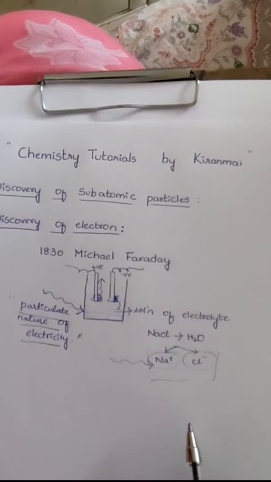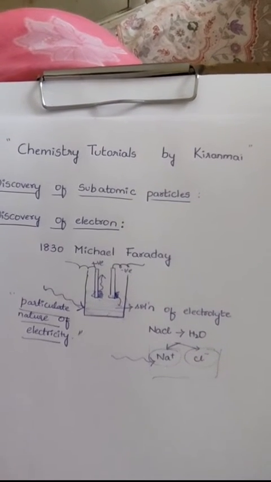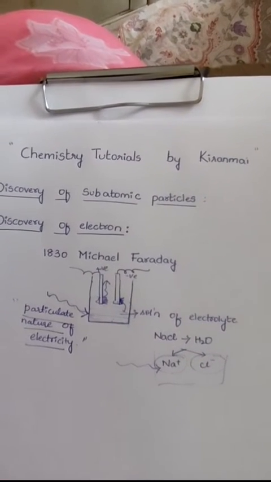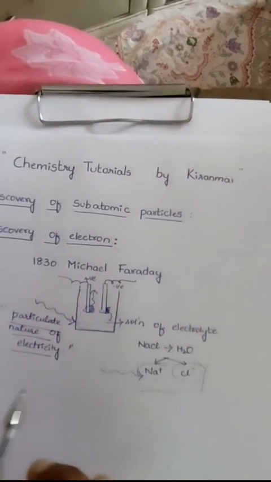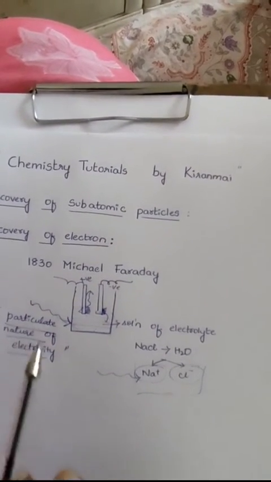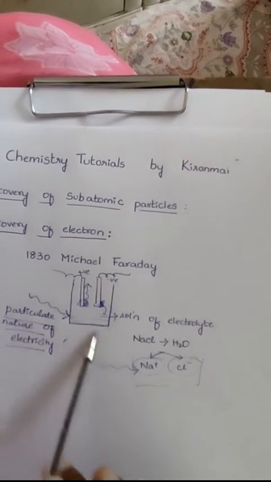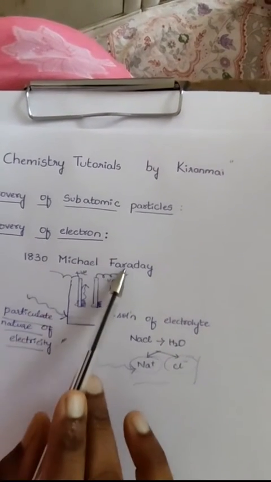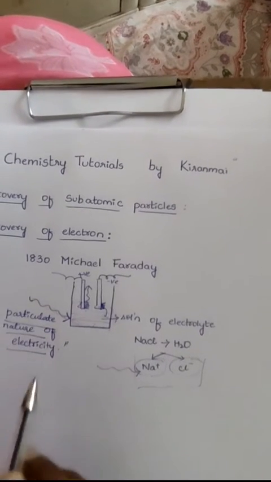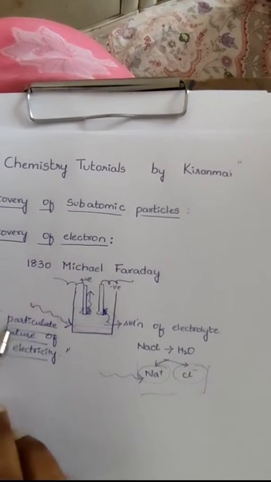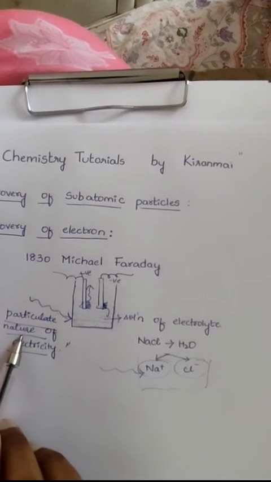Based on his observation, he also proposed Faraday's laws, which we will discuss later in the chapter electrochemistry. For today's lesson, just keep in mind that due to these experiments, Faraday got an idea that electricity has a particulate nature.